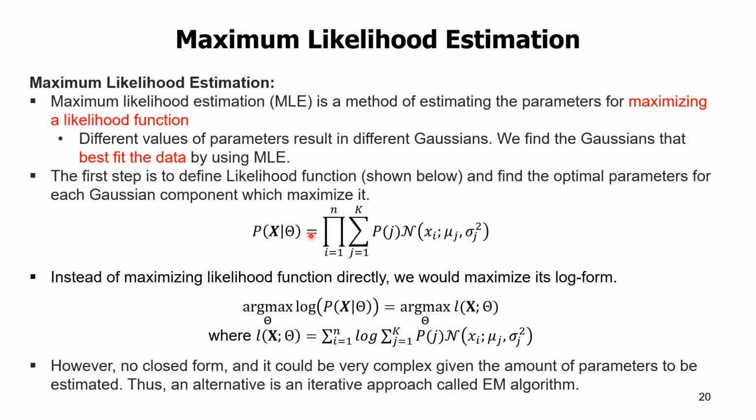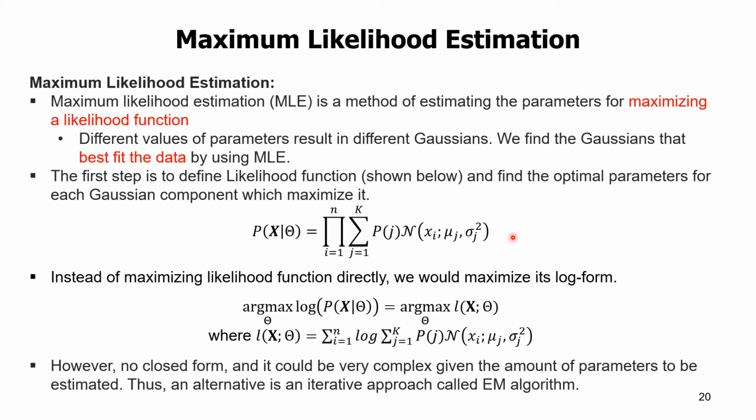To be more specific, because we have n data x1, x2, and xn, this is the probability that all data are generated from this Gaussian. Because we have n data, i equals 1 to n, it's like this.